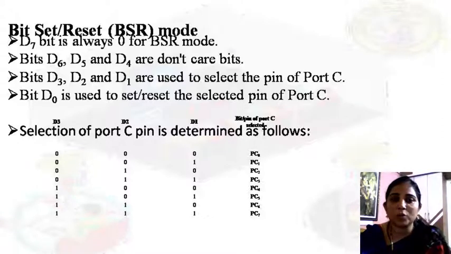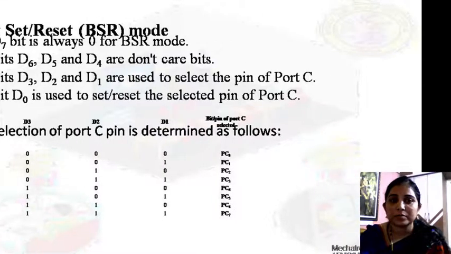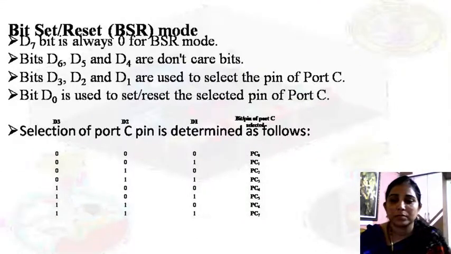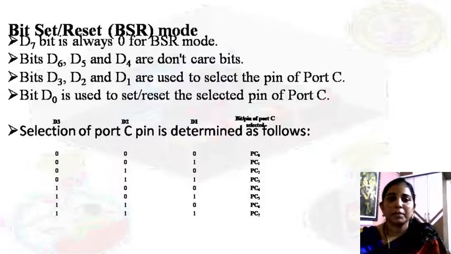D7 bit is always 0 for BSR mode, the bits D4, D5, D6 are don't care bits, and the bits D1, D2 and D3 are used to select the port C bit.